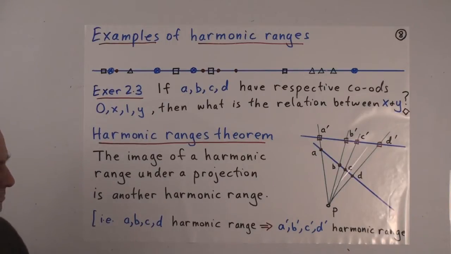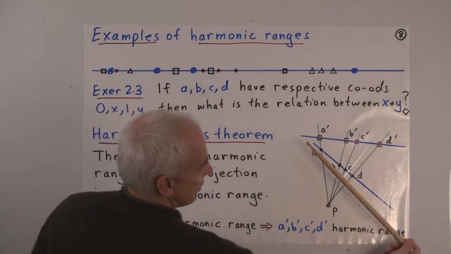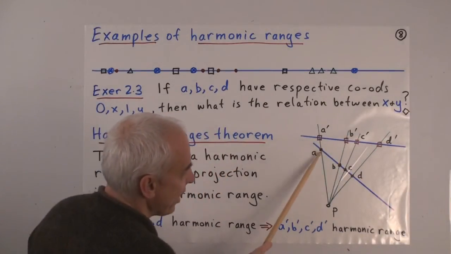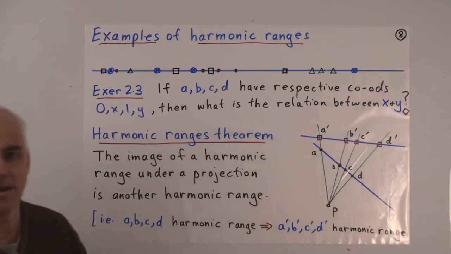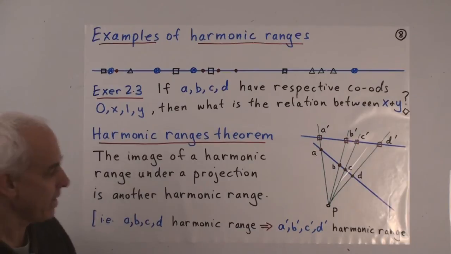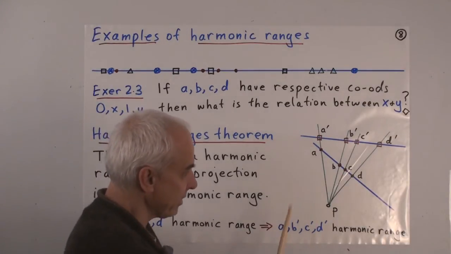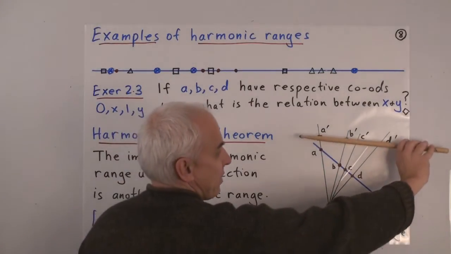What does that mean? Okay, here's a line with 4 points, A, B, C, D, and these 4 points are a harmonic range. Here's some point P not on the line. Here is another line.